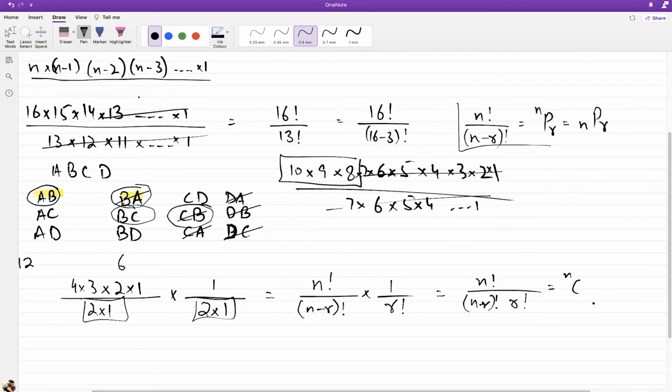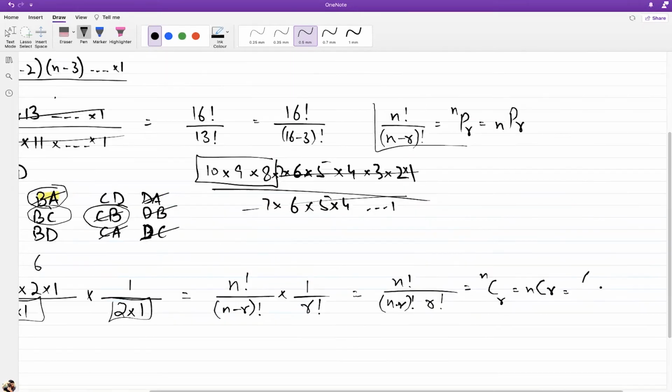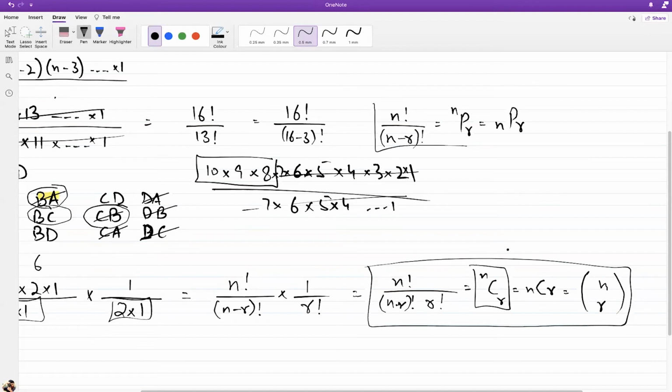Sometimes we also write it with big brackets like this, n and r. In your exam, they're going to prefer NCR, this one, not this one, but it doesn't matter. You can choose any one of them. These are all the same. And remember, order doesn't matter here. How do we know it doesn't matter? Because this r factorial thing tells me that I'm canceling out the repetitions.